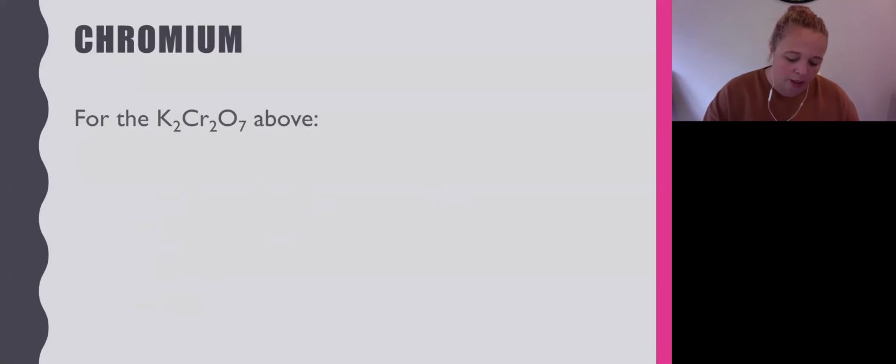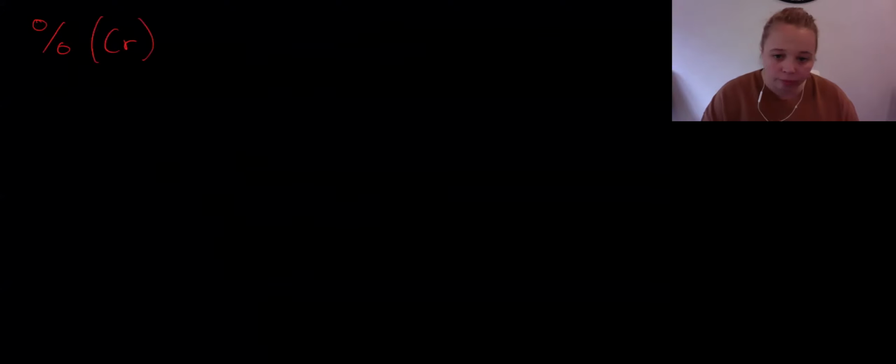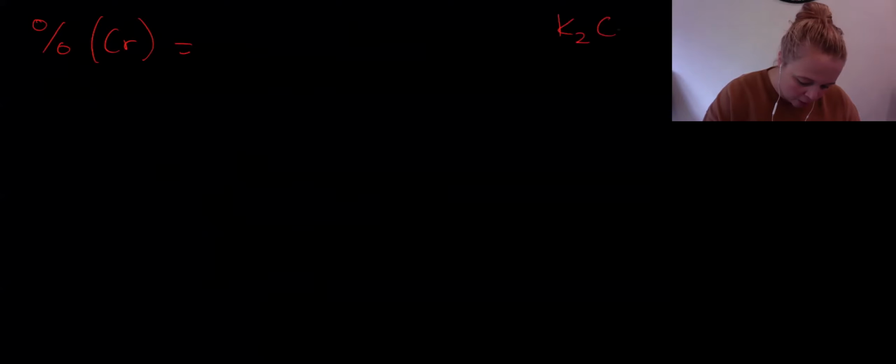Last one, let's look at the percentage of chromium. You should probably pause here, give it a go yourself, and then see if you're correct. So the percentage of chromium: how many chromiums do we have in K2Cr2O7? You can see that we have 2 of them.